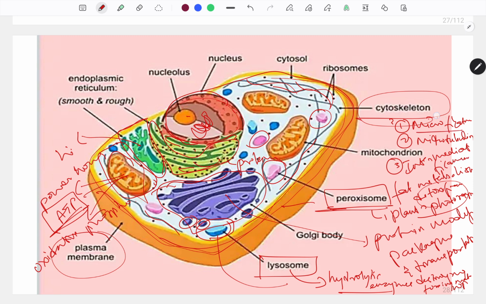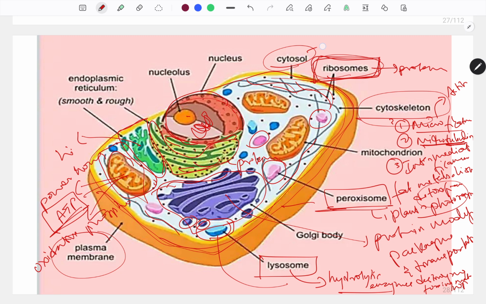And microfilaments are made up of actin, and microtubules, as I said before, of tubulins. And ribosomes, instead of being present on the endoplasmic reticulum, some ribosomes are available freely in the cytoplasm. They are also involved in protein synthesis.